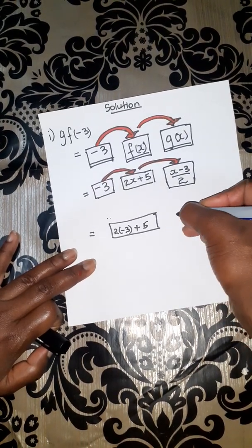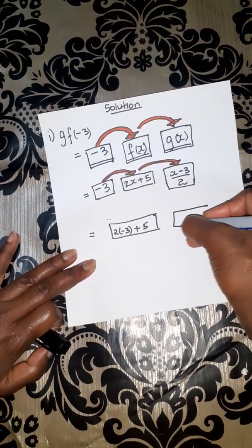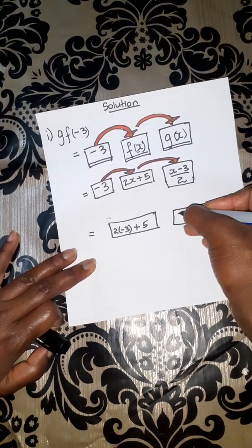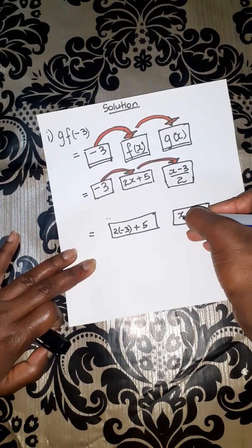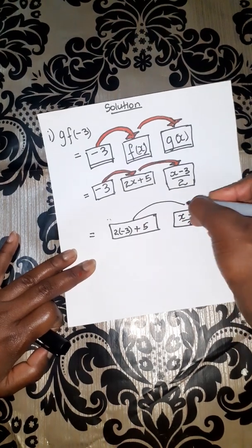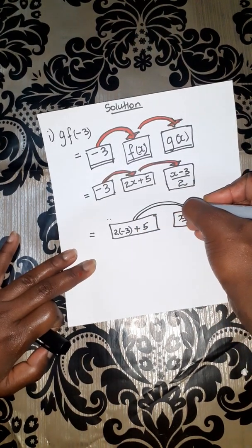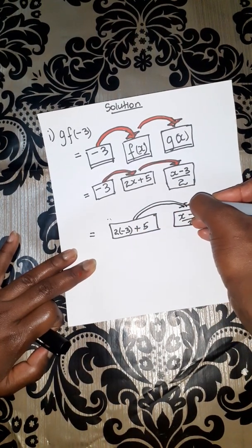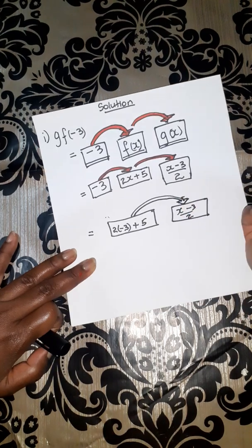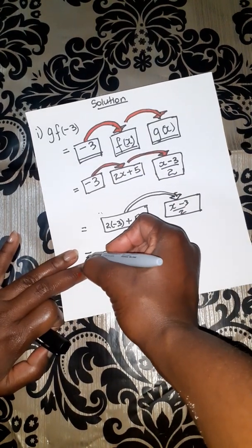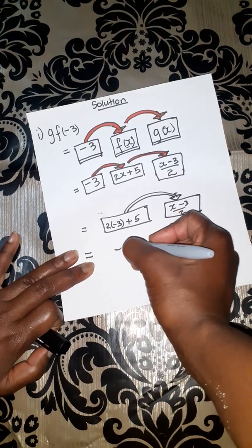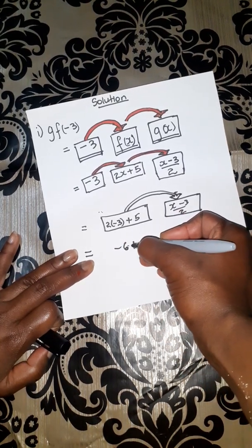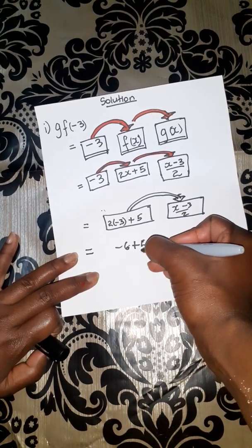The result that we get, we will put in this function, x minus 3 over 2. So 2 times negative 3 gives us negative 6, you said, you're correct, plus 5.